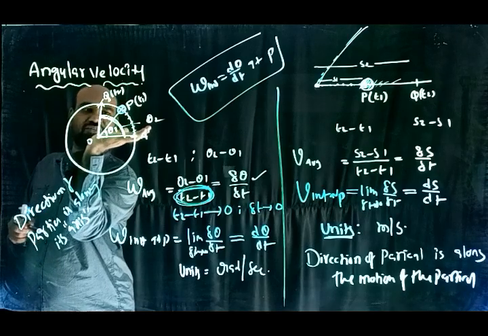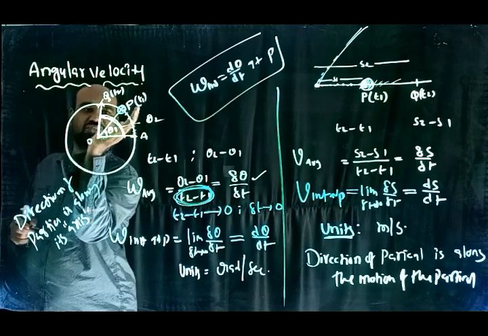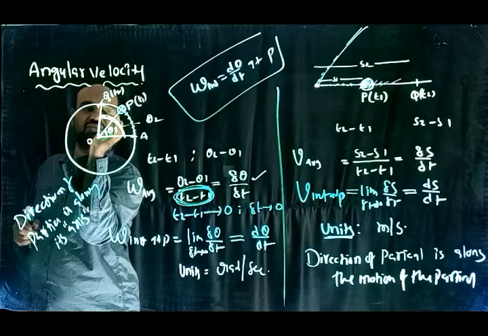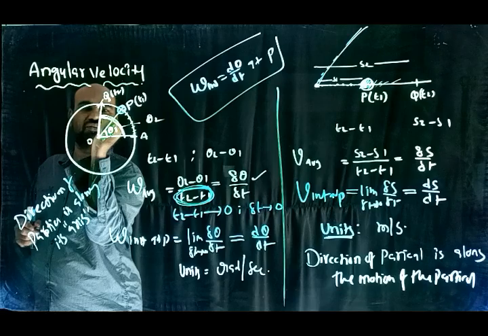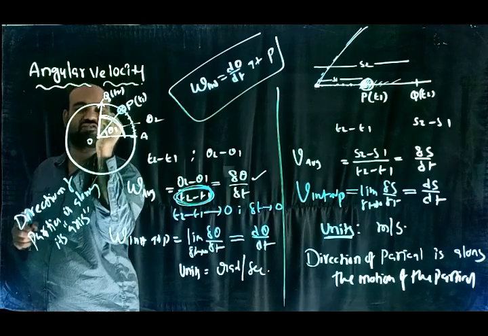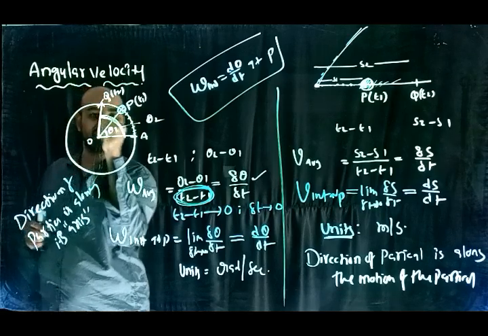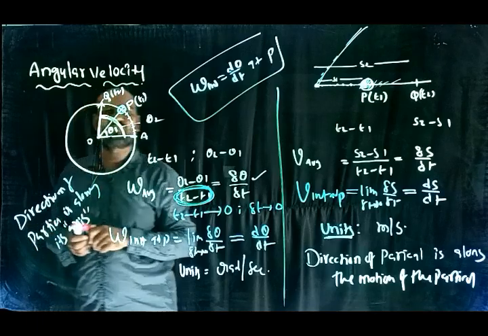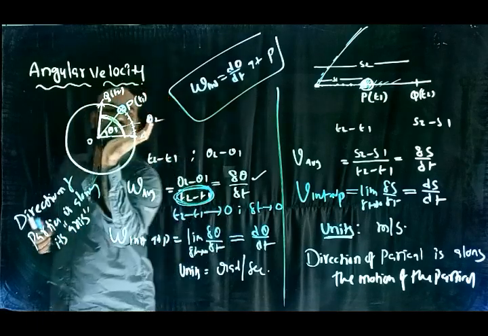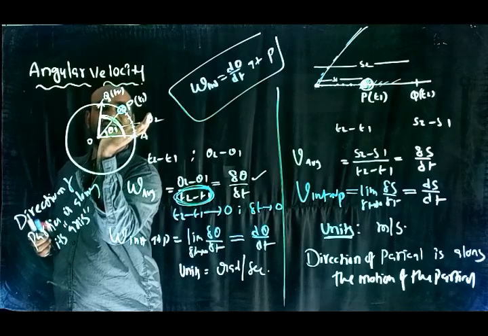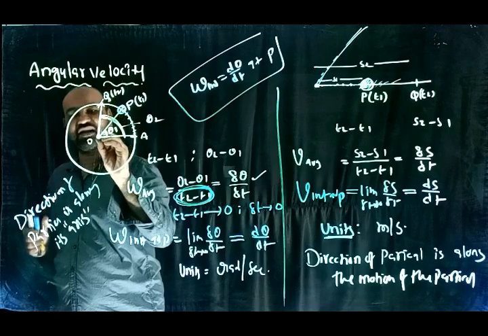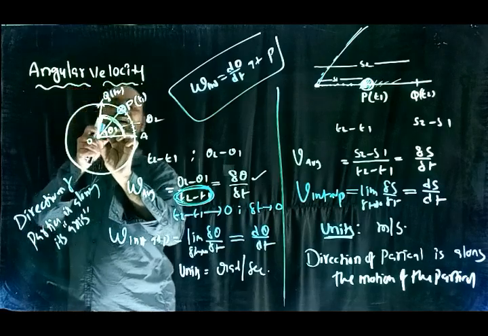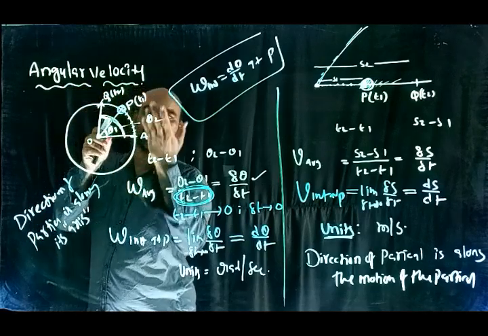Close your fingers in the direction in which the particle is traveling, and the direction of your thumb is taken as the direction of the angular velocity. So if the particle is traveling anti-clockwise in the circle, this marker direction is the direction of the angular velocity, otherwise it is the opposite side.